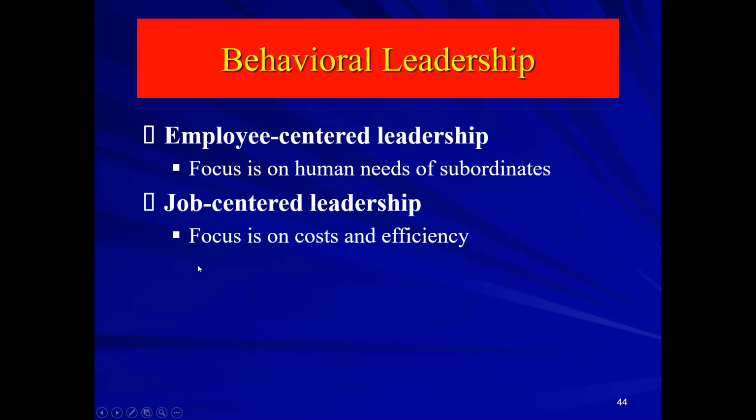Behavioral leadership class is another type of leadership which is divided into your employee centered relationship and your job centered relationship. Okay, so when you say employee centered relationship, the focus is on the human needs of subordinates. Okay, while the job centered leadership is focused on the cost and efficiency.